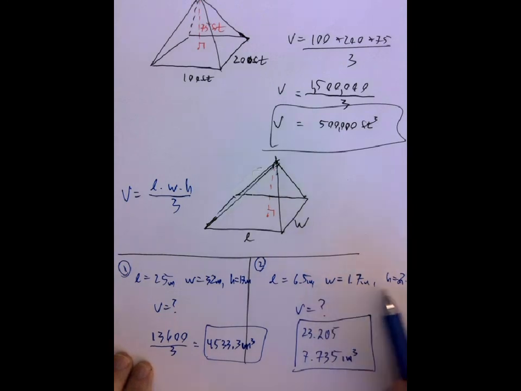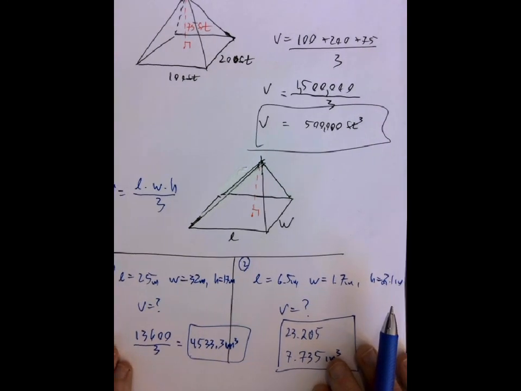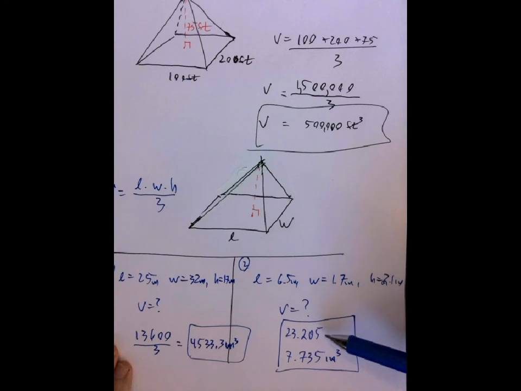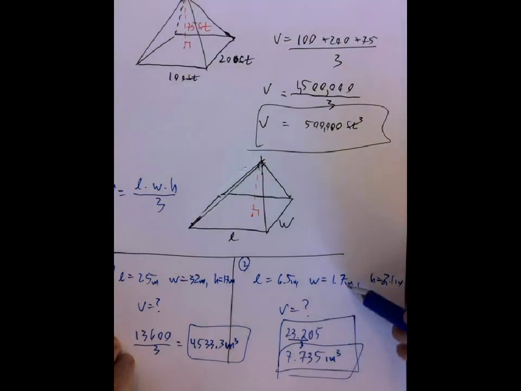Here, these units were inches, so we multiplied 6.5 times 1.7 times 2.1, and they all multiplied to give us 23.205, and then we divided that by 3, and that gave us 7.735 cubic inches. That's the volume of that pyramid.